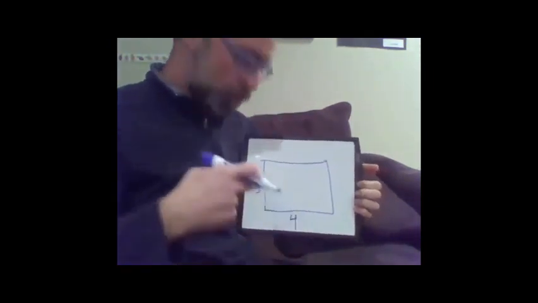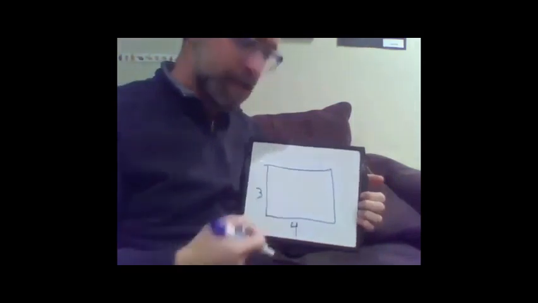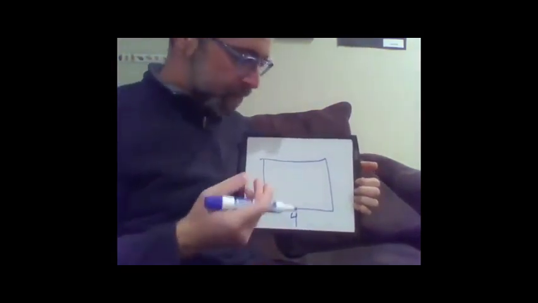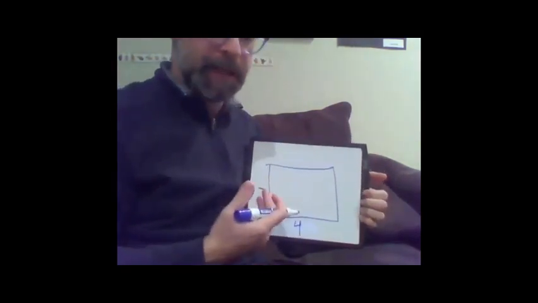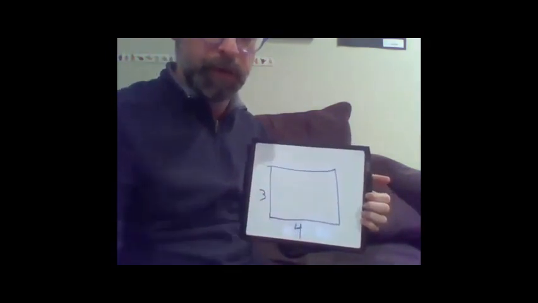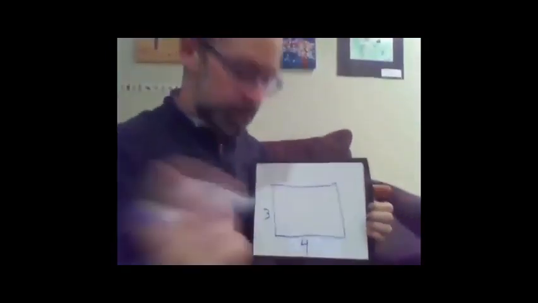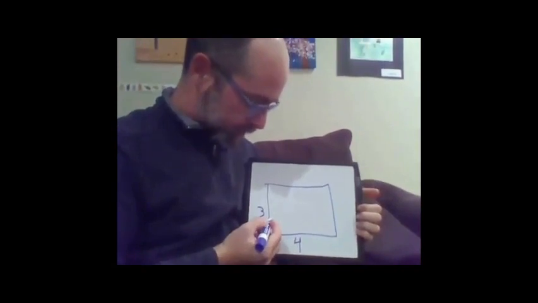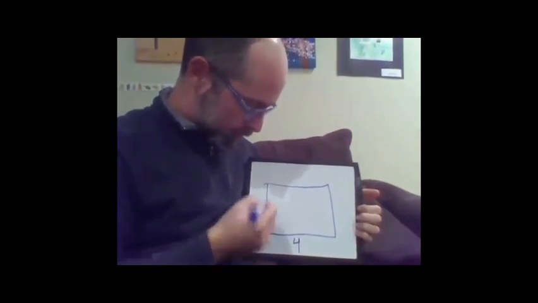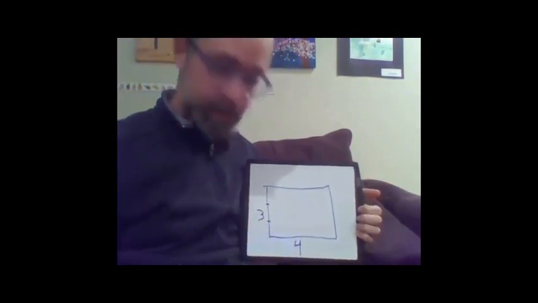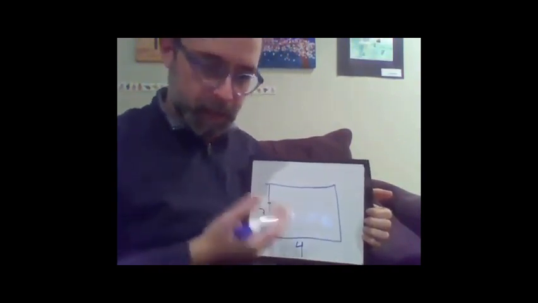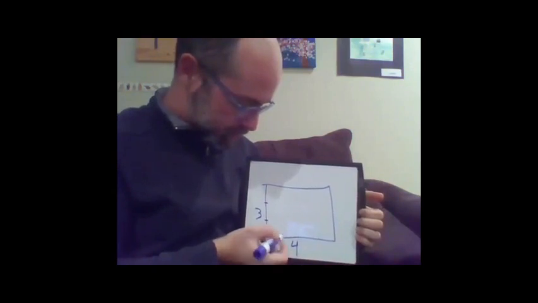How do we know that there are 12 squares in here exactly? And we can visualize this. We don't need to get into complicated mathematical proofs, although there are tons of them out there. We can just say, well, we know from this side that it's got a length of 3. So we're going to chop that up into 3 units of length.